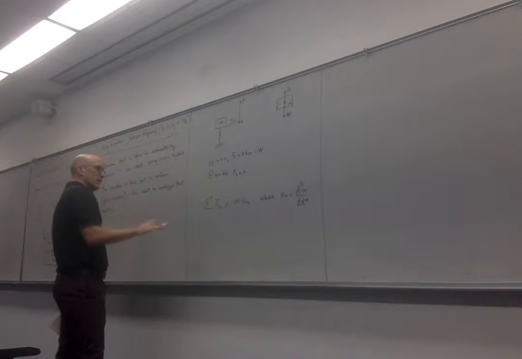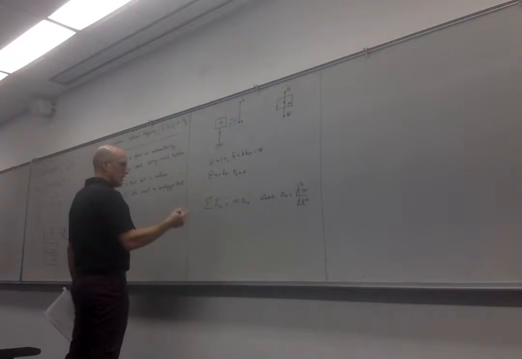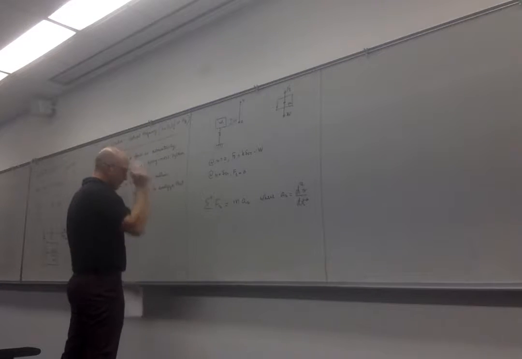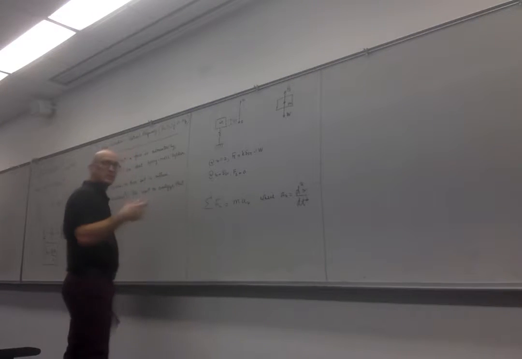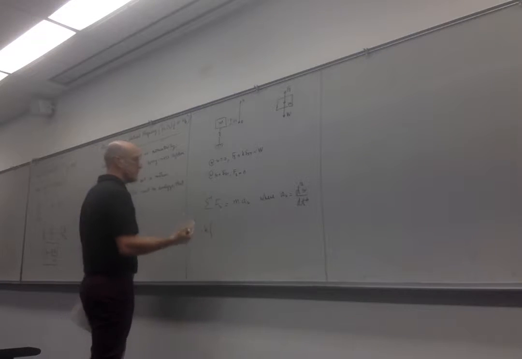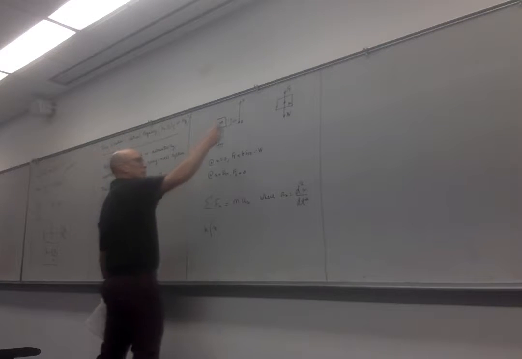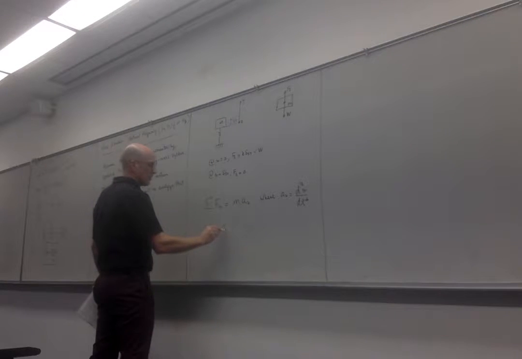So the two forces we have, the first is the force of the spring. The force of the spring, using Hooke's law, is minus k times the displacement. The displacement is going to be x, but you need to take into account the static deflection.